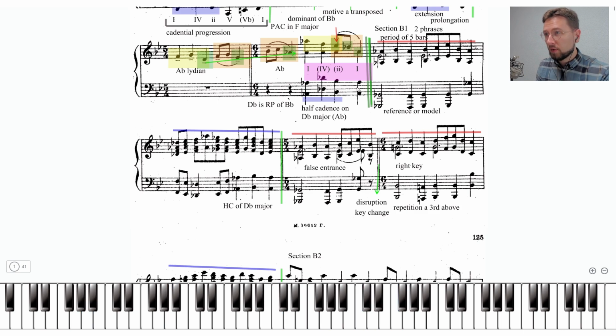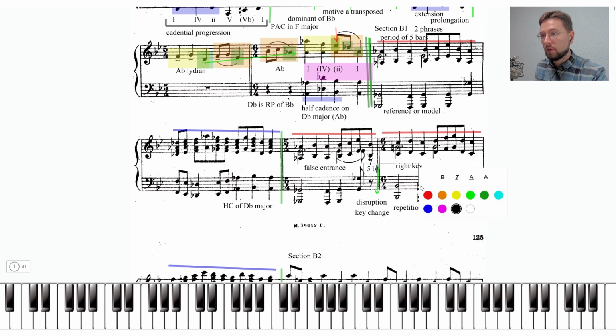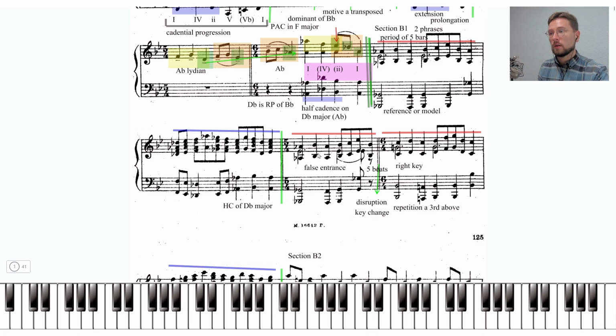And to make it even more disruptive, he omits one beat. So it's 5 beats instead of 6. The original one was 6. And now we have, and that's the same thing that we had before.